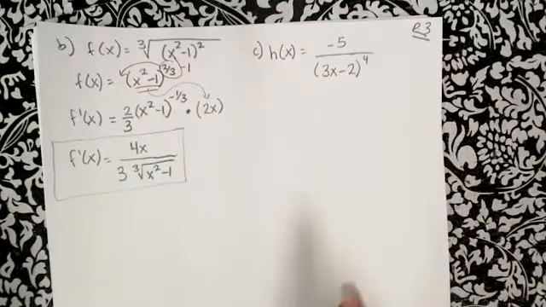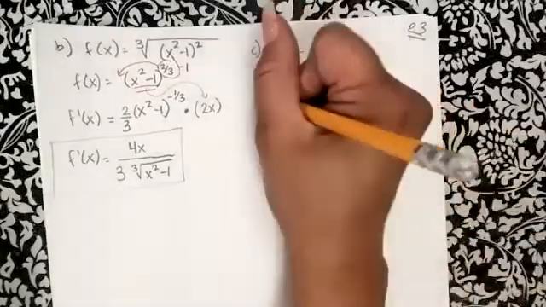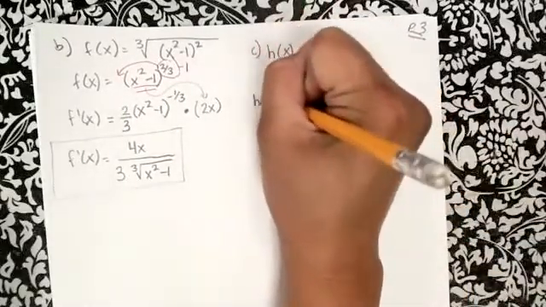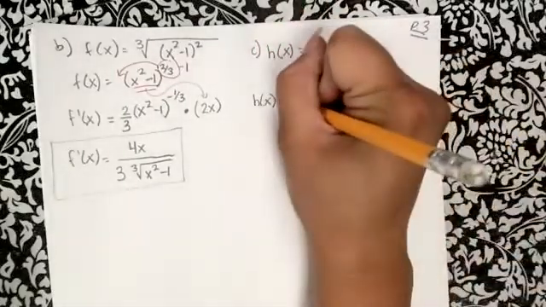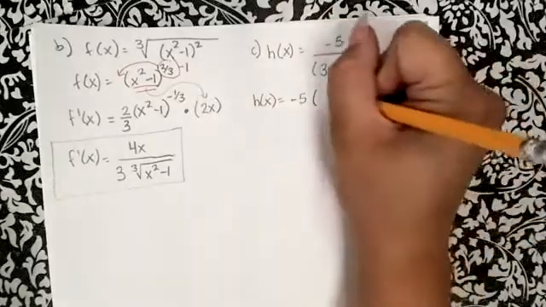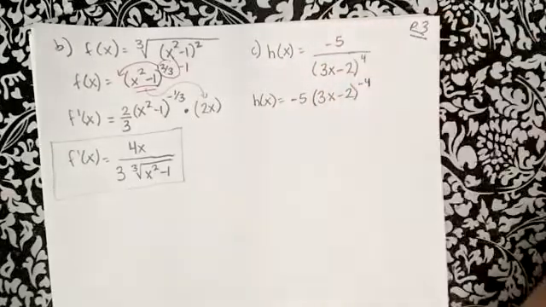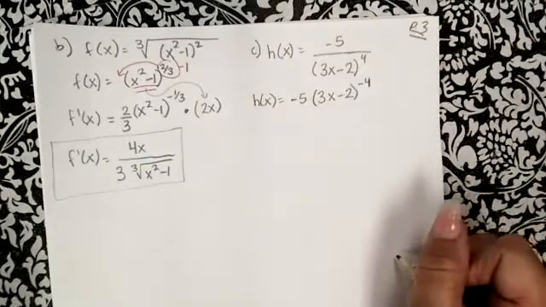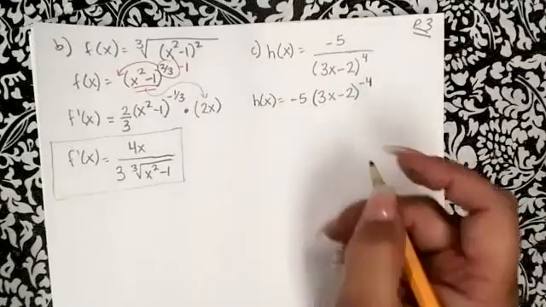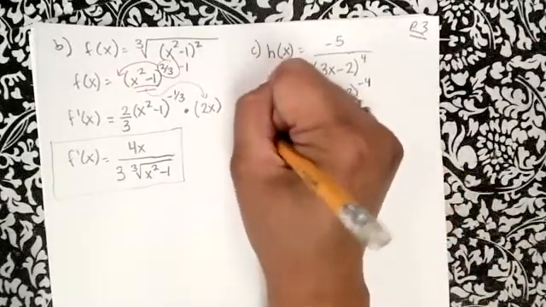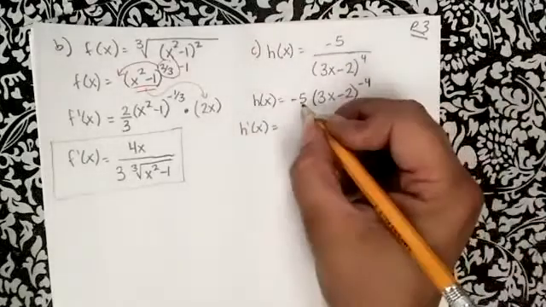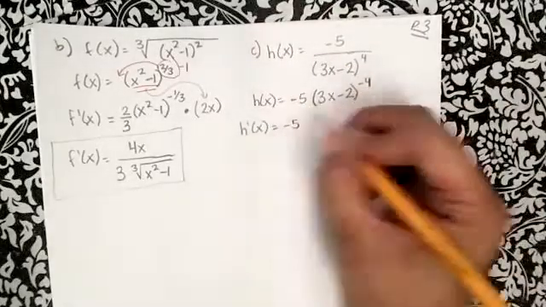All right. On this one, I'm going to rewrite this. This is actually a negative 5. And this is going to be a 3x minus 2 raised to the negative 4th power. The derivative of h is going to be h prime of x. Now you already have the -5 there.